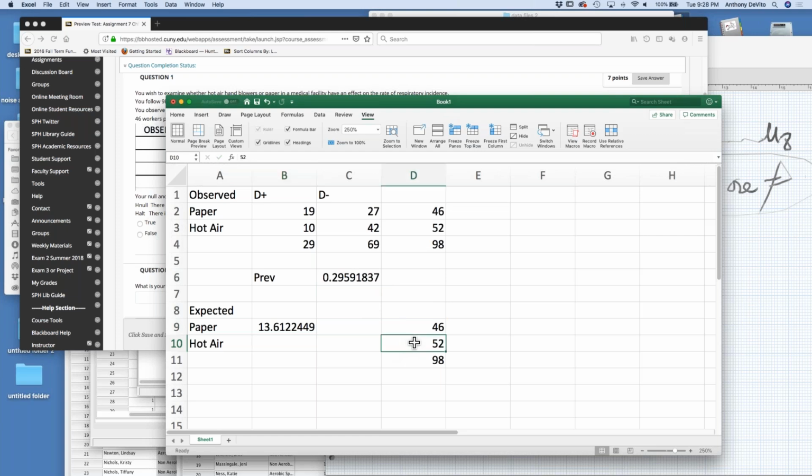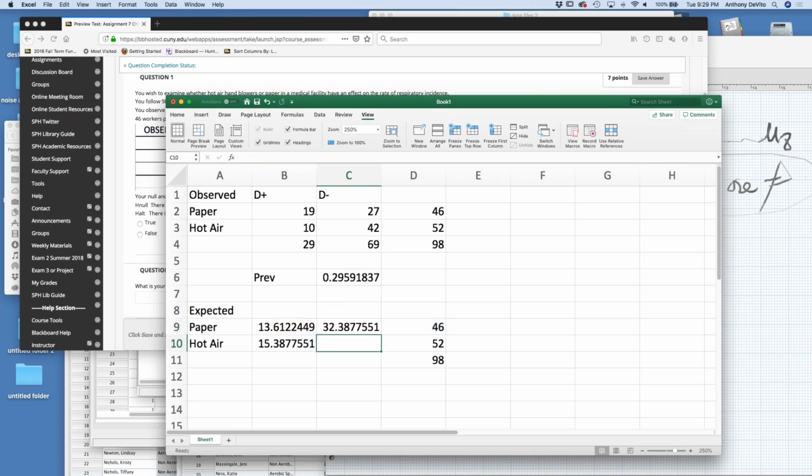Well, okay, so now let's do the same thing for people that use hot air. This is going to be equal to 52 times the probability that you would expect to get sick if there's no difference between you and the people that use paper, just the general population. And the difference between these is going to be equal to 46 minus this, because it's got to add up to 46 people.